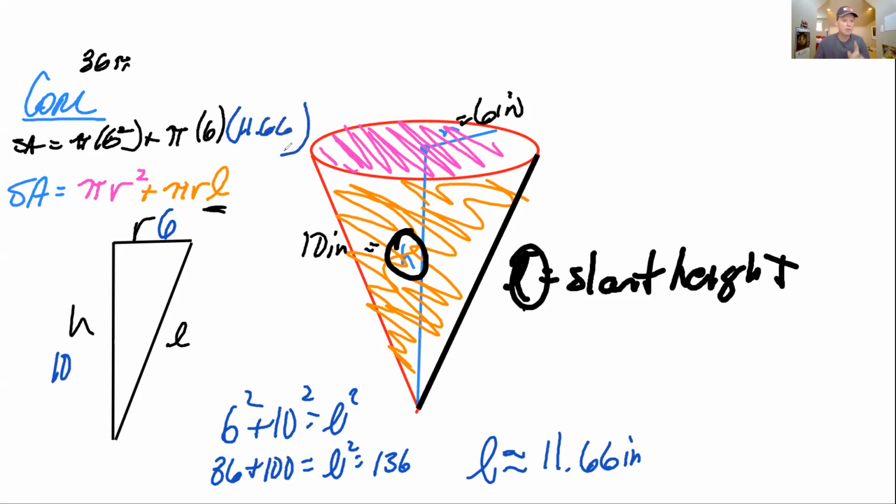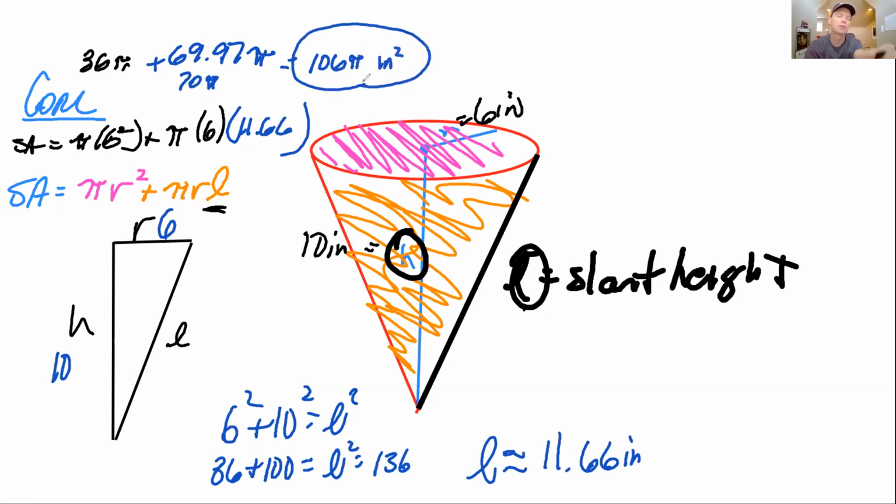So now I multiply. Now here's what I'm going to do. Watch. I'm going to multiply that times 6 and just get 69.97. So it's going to be plus 69.97 pi. I'm tempted to call it 70 pi, but I'm just going to call it 70 pi. So 36 pi plus 70 pi makes 106 pi square inches.